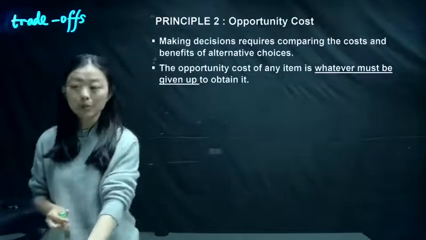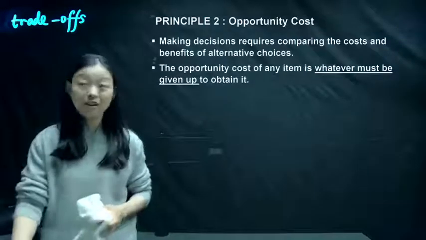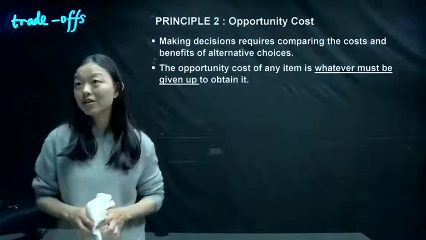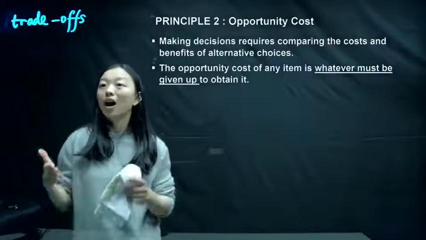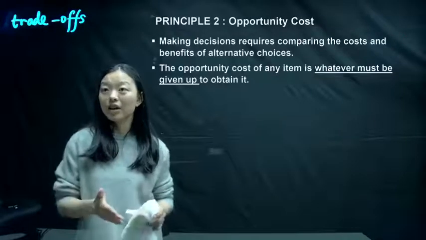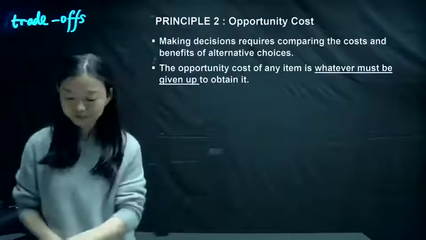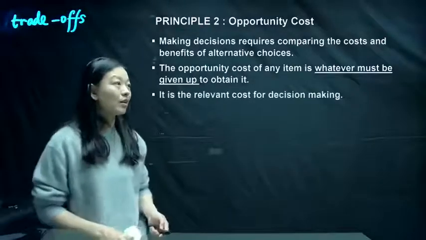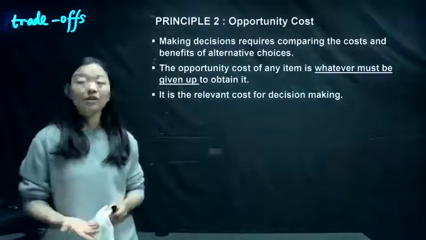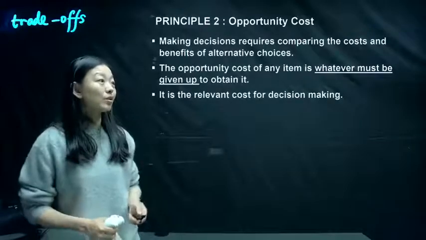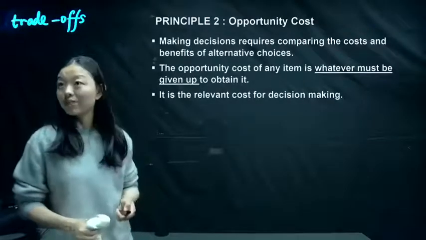This is very important. This is the definition of opportunity cost: the opportunity cost of any item is what you need to give up to obtain the item. This is also the relevant cost of decision making.